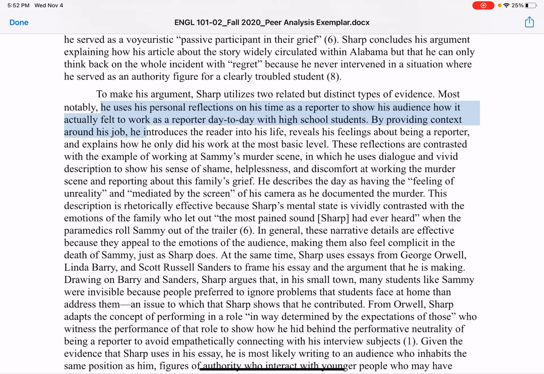I argue that these reflections work well because they allow you to see how the author felt at the time. To support this claim, I bring in another textual example. And then explain exactly why this is effective evidence.